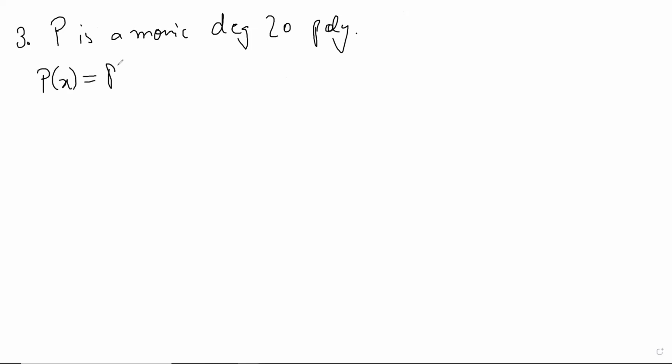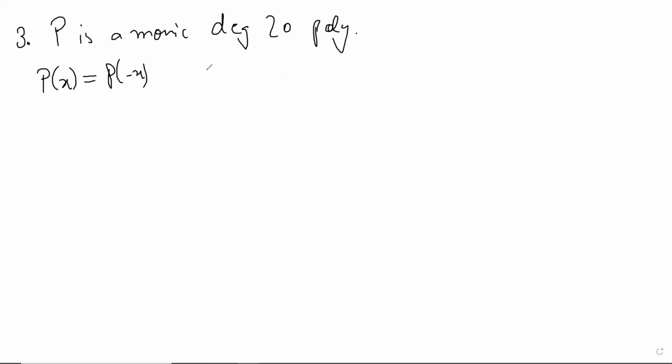So P is a monic degree 20, because it doesn't even feature later on, these coefficients and so on, not even the index. That's right. Then we have this other condition. And this already says that the polynomial will only have even powers.